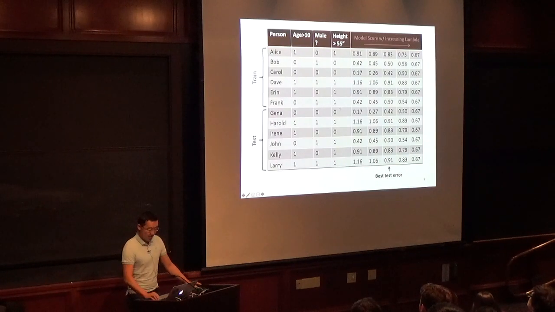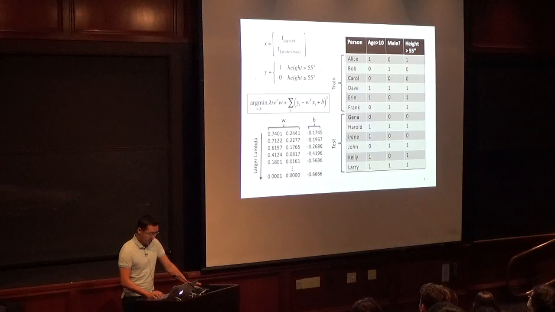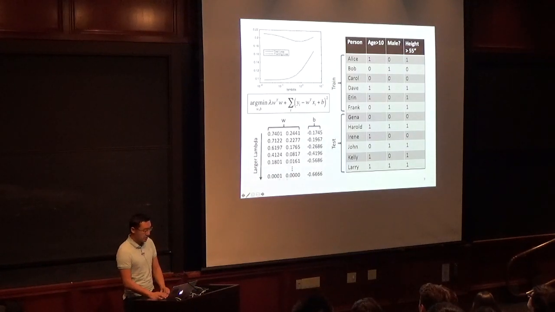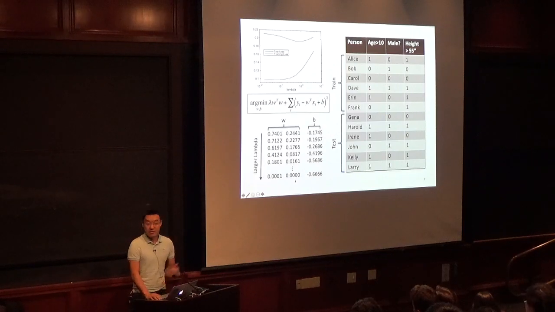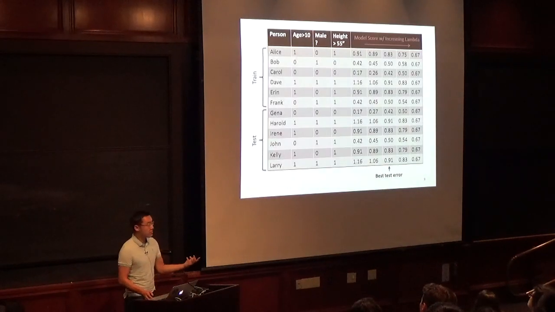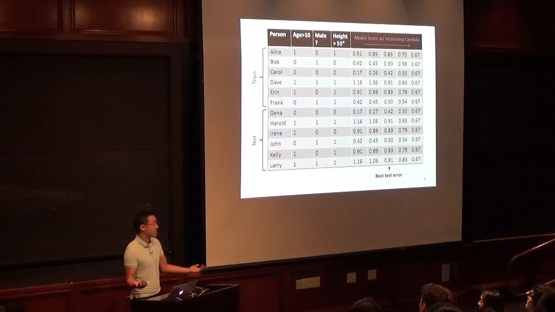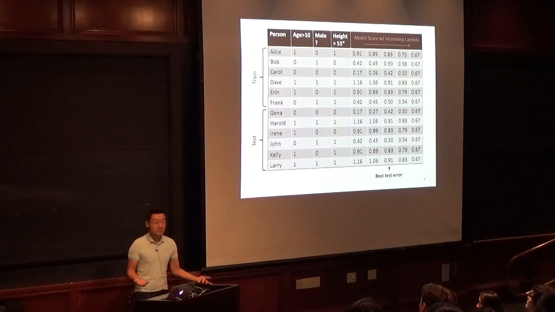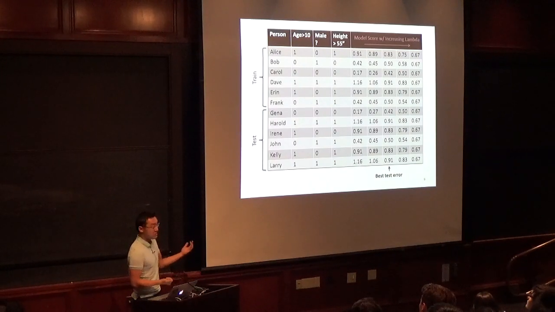If the W's go to 0 as lambda increases and the only thing you fit is the bias term, then what minimizes squared loss? Well, having the bias term be the average label, which in this case is 2/3.